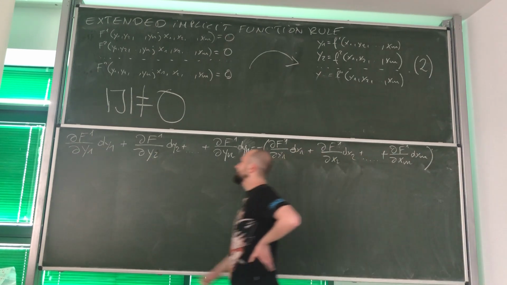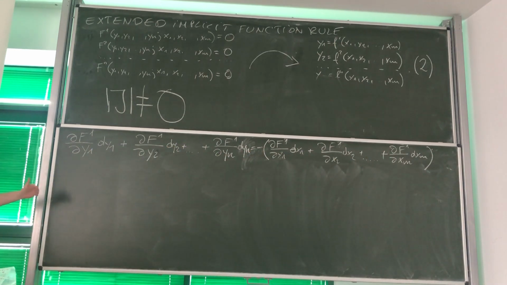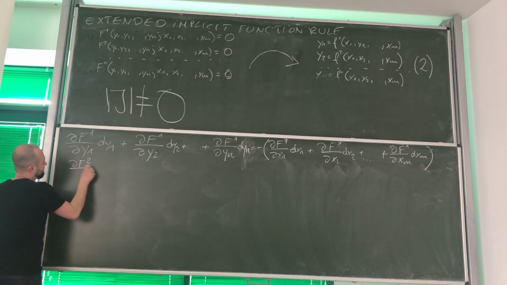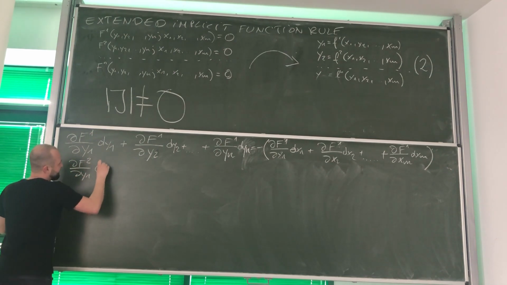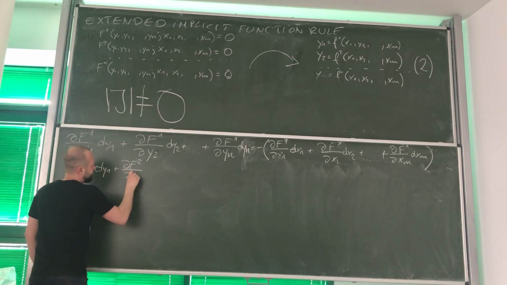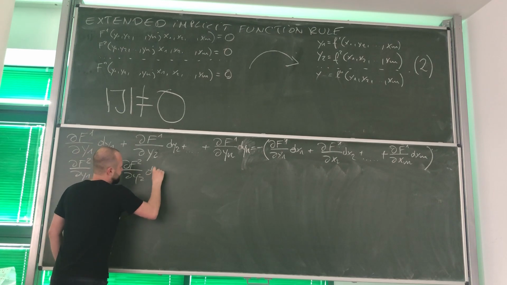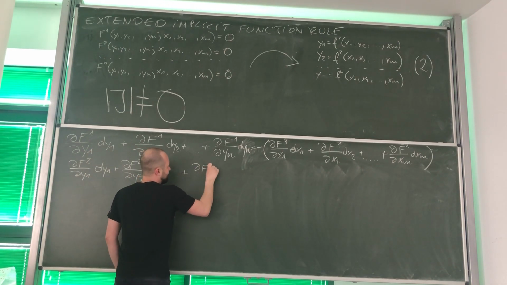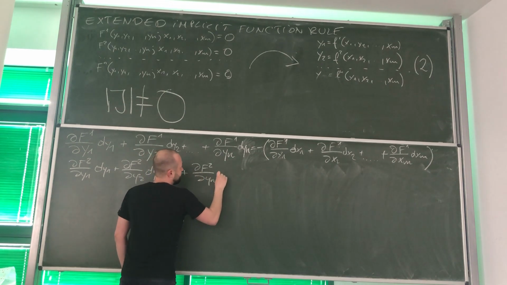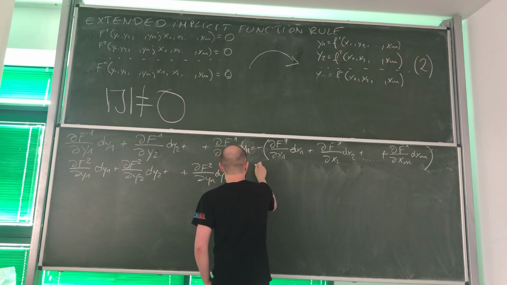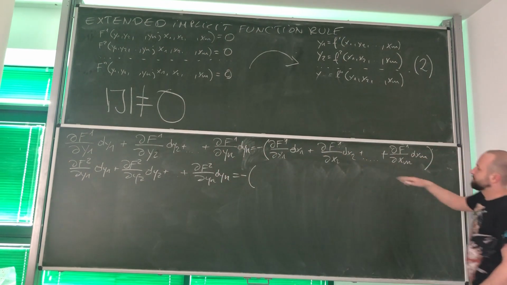Okay, now look, knowing that, we can easily do the same thing for the second equation. We now differentiate the second equation with respect to all the variables. First, all endogenous variables. And then exogenous variables, and we move them as well to the other hand side.